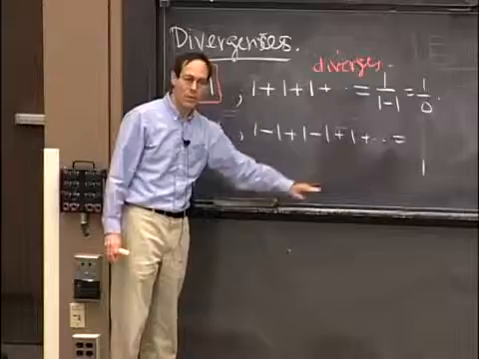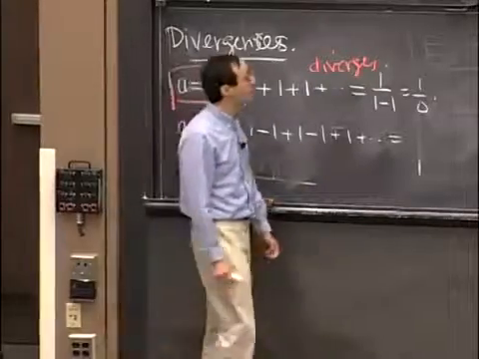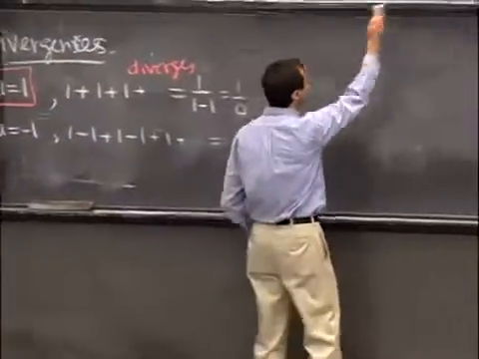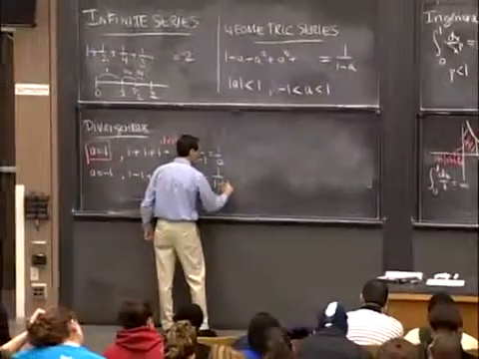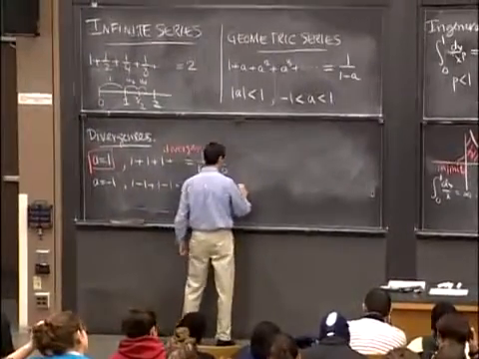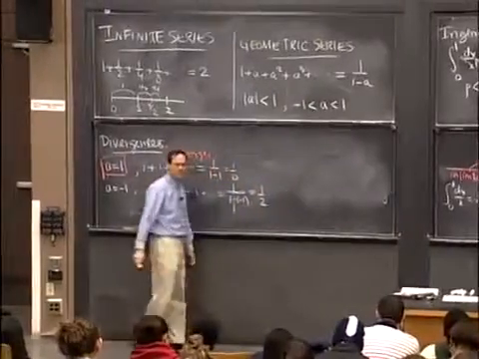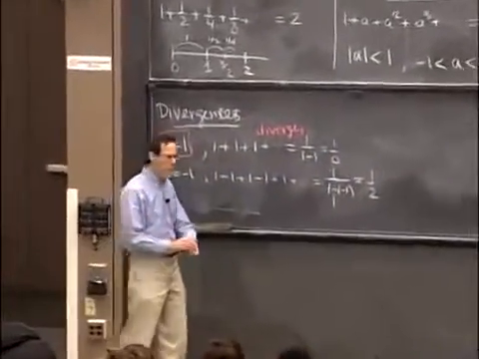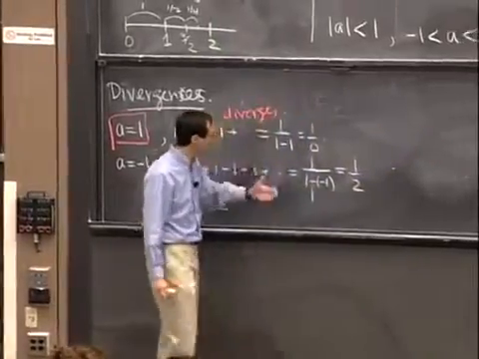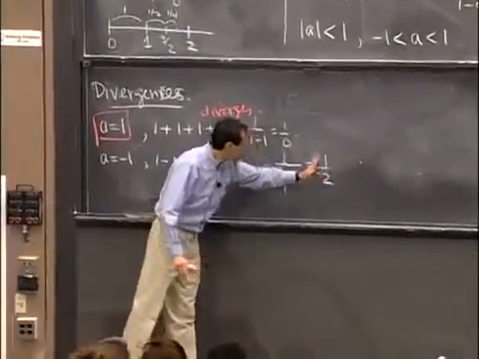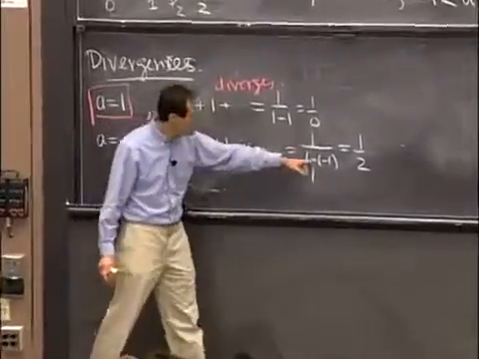It oscillates. On the other hand, if you compare the right-hand side, what's the right-hand side? It's 1 over 1 minus (minus 1), which is a half. All right? So if you just paid attention to the formula, which is what we were doing when we integrated without thinking too hard about this, you get a number here, but in fact that's wrong. Actually, it's kind of an interesting number.